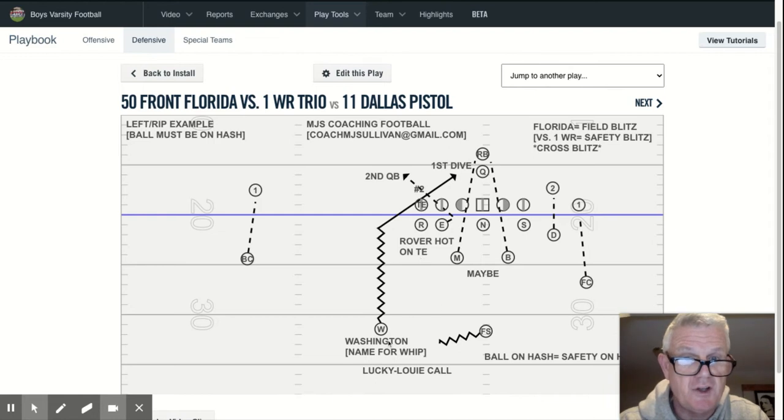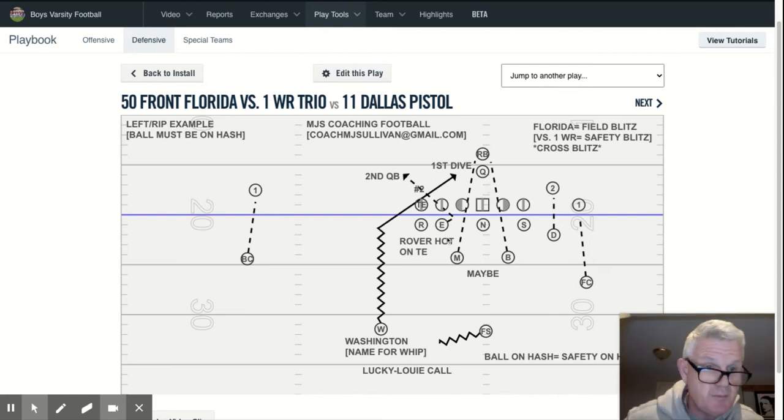Well, the safety's available to the field because both corners are going to be playing number one with zone leverage. Again, see my Zone Blitz coverage playlist on trio. Both outside linebackers are going to be hot on number two. And both inside linebackers are going to be playing the combo on the running back and the quarterback.